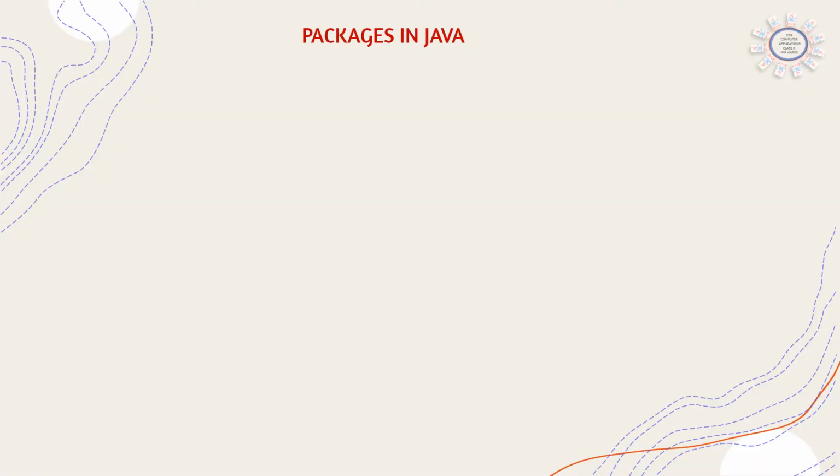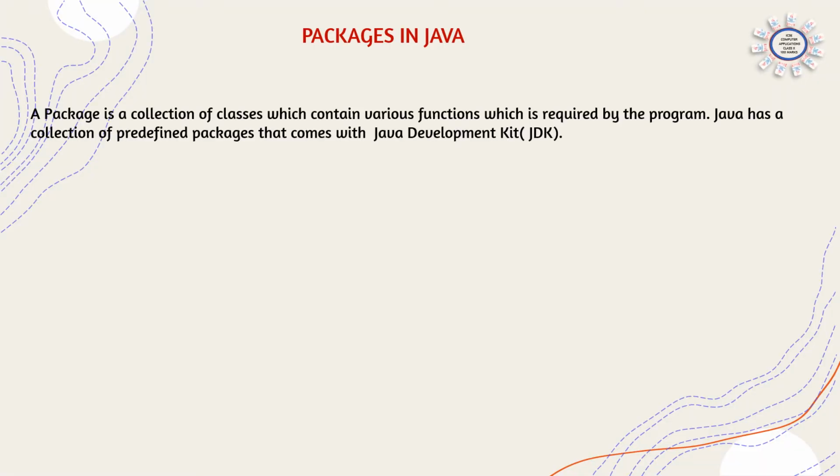First of all, we can discuss what is a package. A package is a collection of classes, and a class contains various functions. For example, we have the math functions, Math.sqrt, Math.abs; string functions are there, and input-output functions are there. All these functions are stored in different classes, and a collection of classes will make a package.